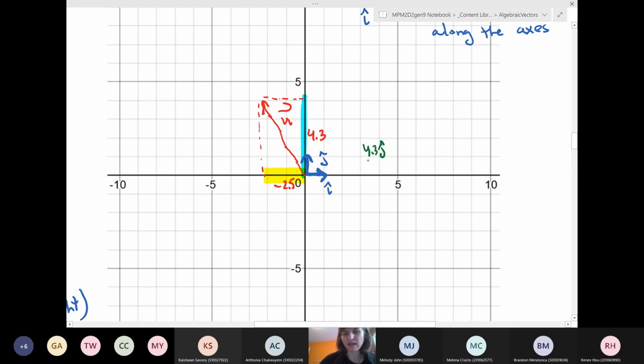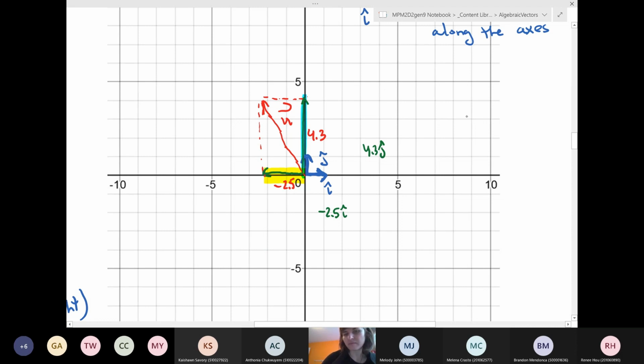It's going to stretch out all the way to this edge here, just like the blue region was. Then if I were to take i and multiply i by negative 2.5, the negative is going to go in the opposite direction, and it's going to be exactly the length of this yellow one.